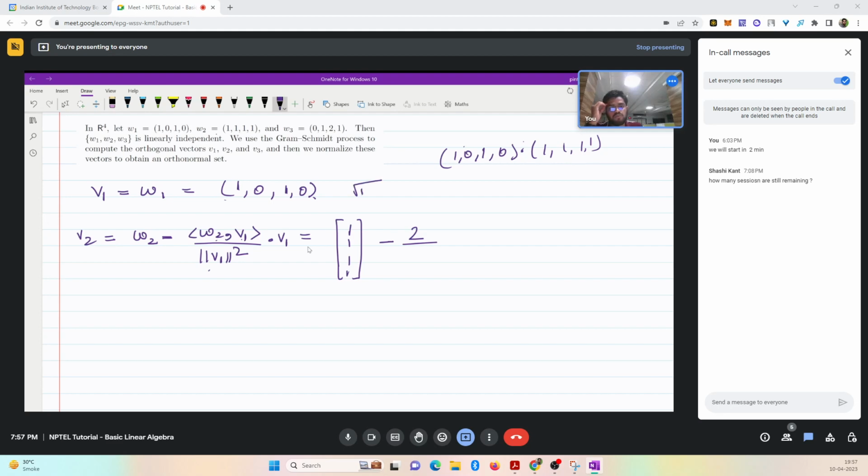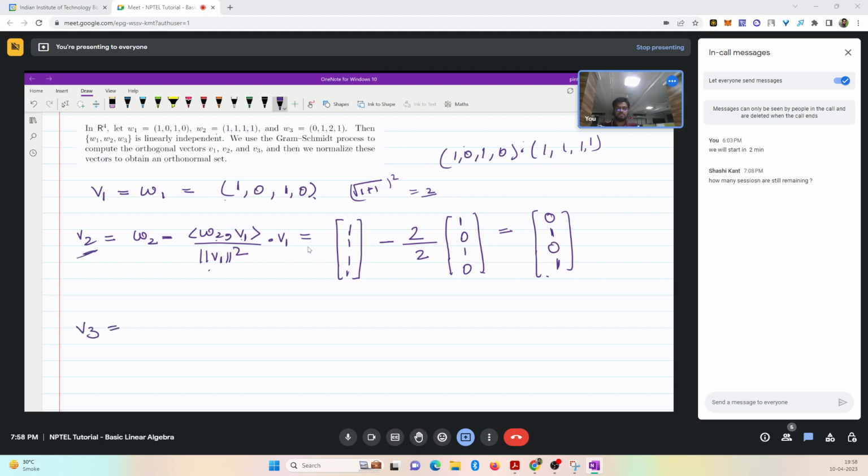This is 1 plus 1 square, that is 2, right? And this is 1 0 1 0. What we will get is 0 1 0 1. This is our V2.